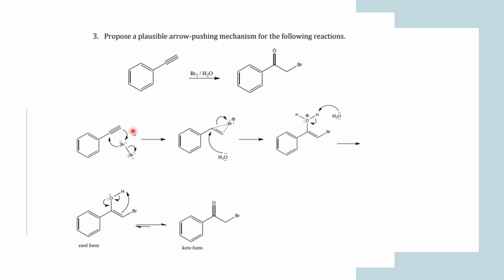The carbon carbon triple bond, being electron rich, will first attack one bromine atom, leading to the formation of this bromonium ion. The reaction is the same as how alkene and bromine react. In that case as well, we got such a bromonium ion.